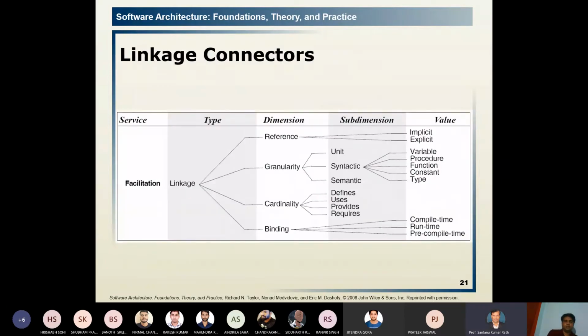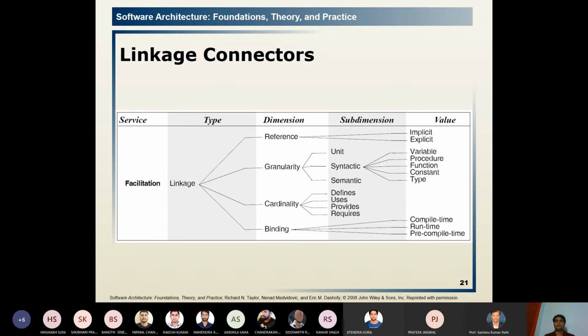Then linkage connector. It will work as a facilitator, meaning it will facilitate linking the components. Here, one is the reference, whether it is an implicit or explicit value. Then granularity, that is the unit, syntactic or semantic.